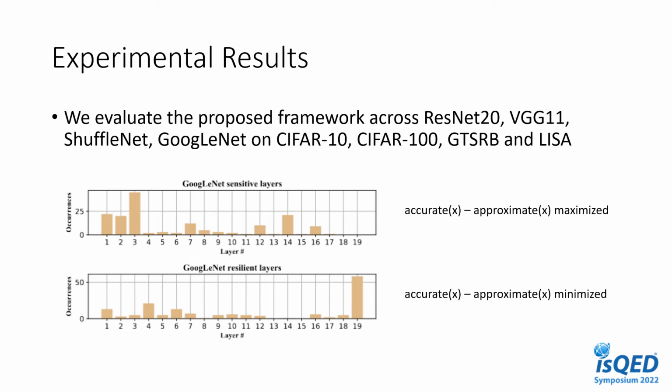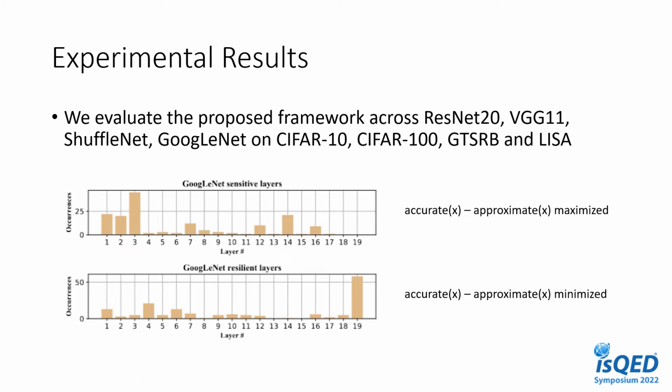However, the question that arises at this point is, which layers should be selected for sampling in the previous steps? From the information that has already been gathered, we can make several observations that can assist in making this decision. From the already acquired information, we can determine which layers are more sensitive to approximation and which layers are more resilient.